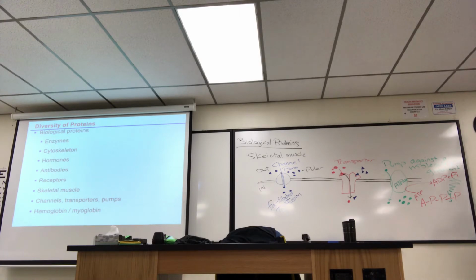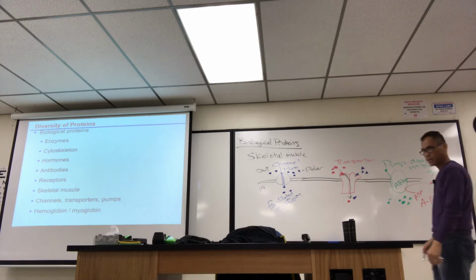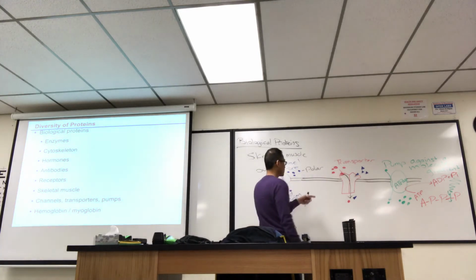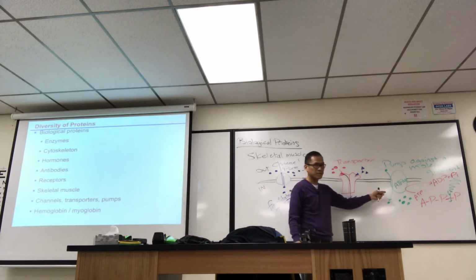Okay, and that's the energy that could be used to transport that molecule against its gradient. That's basically what you need to know about pumps. So before I move on, any questions on those 3 things? The channels, the transporters, and the pumps. We'll have a specific example of this when we get to the next chapter.